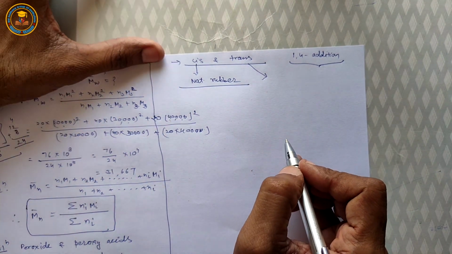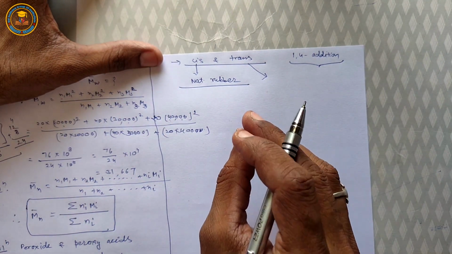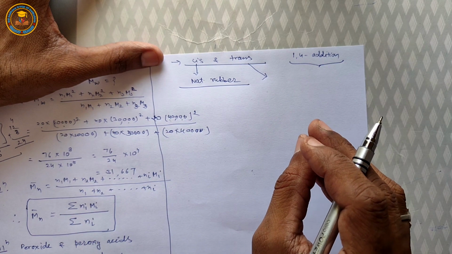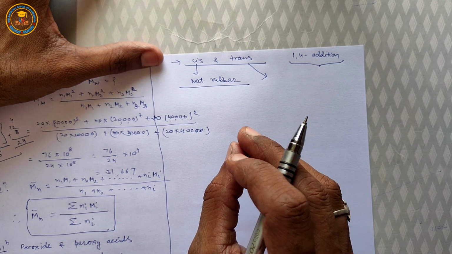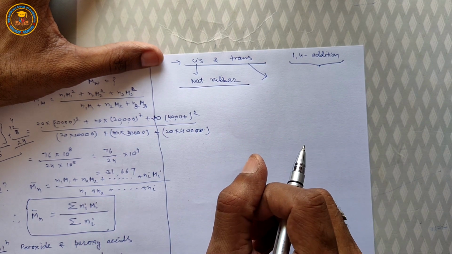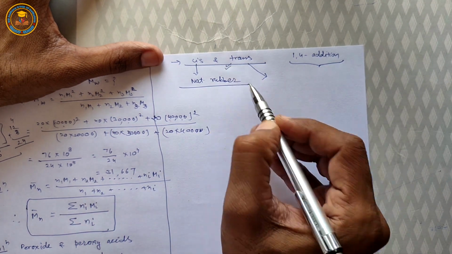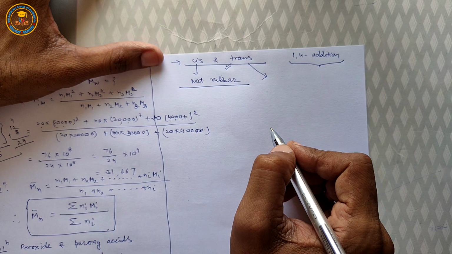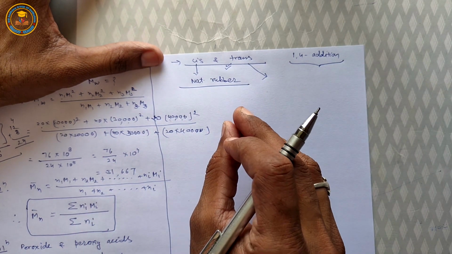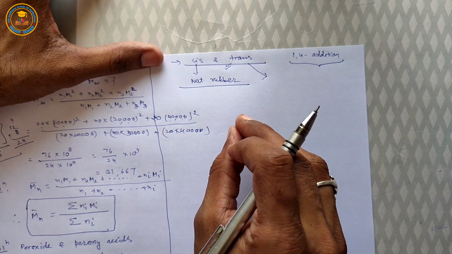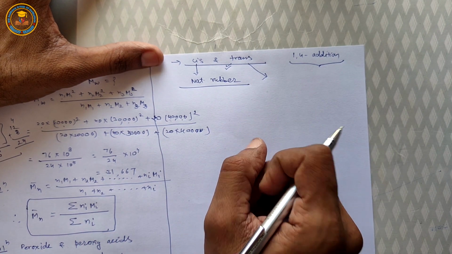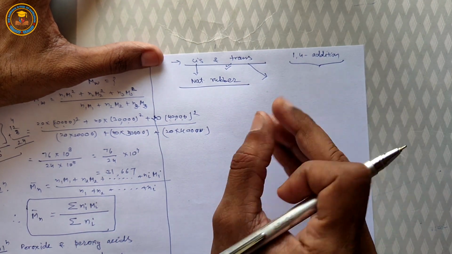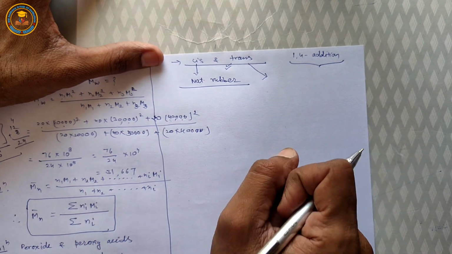Or we can say that Gutta Percha is the trans isomer of polyisoprene. In Gutta Percha, CH2 groups are attached to the double bonded carbon atoms in totally trans position.